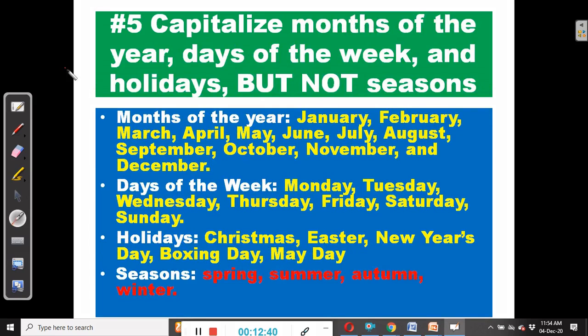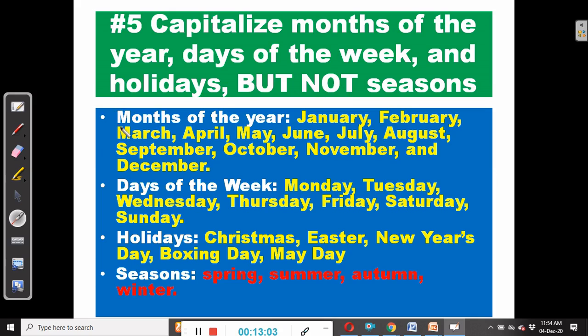Rule number 5 states as follows: capitalize months of the year, days of the week, holidays, but not seasons. So we capitalize months of the year, days of the week, and holidays, but we don't have to capitalize seasons.